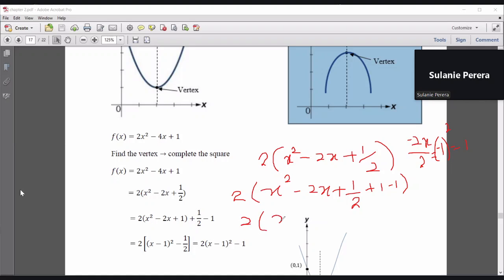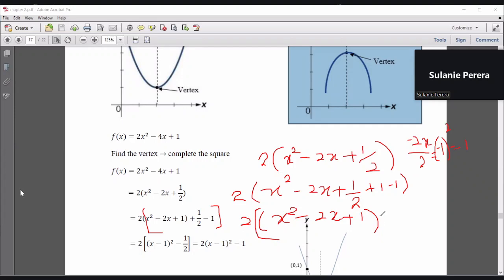Now I want x squared minus 2x plus 1. That's all I want. And the rest, so here there should be a square bracket. And the rest I will take out of these parentheses.